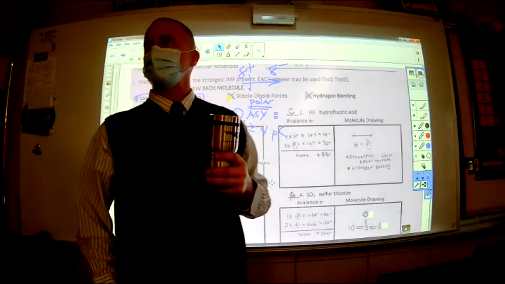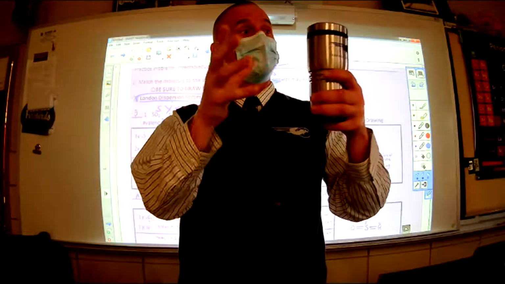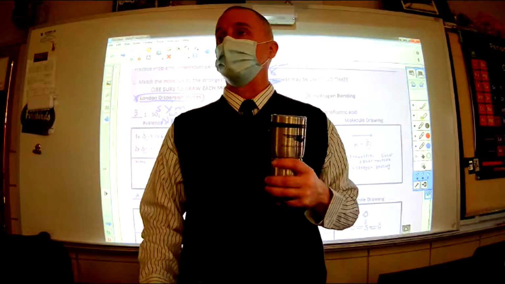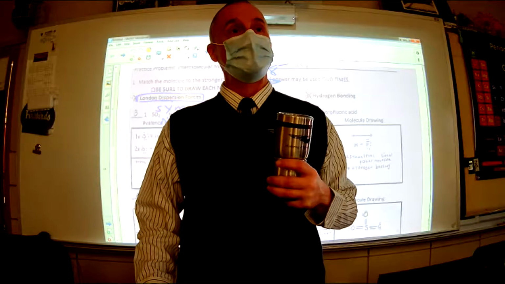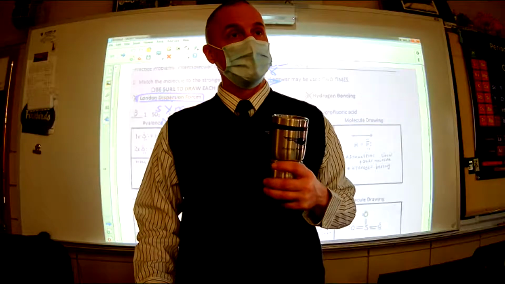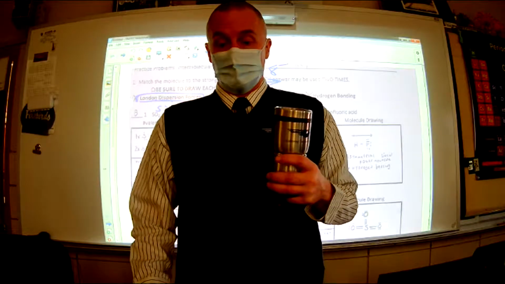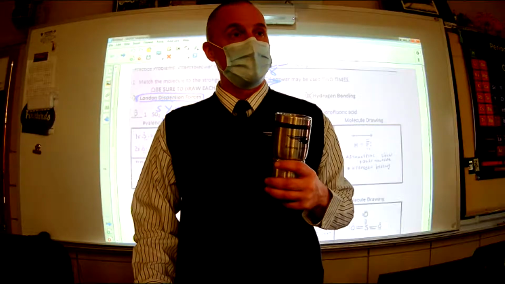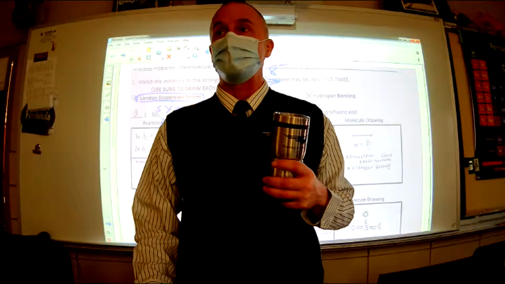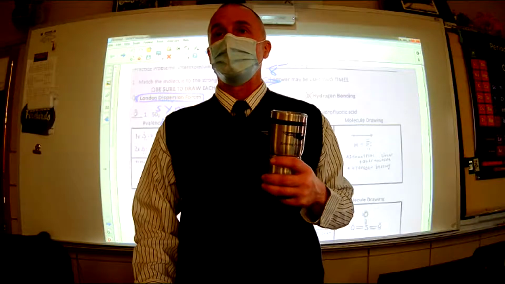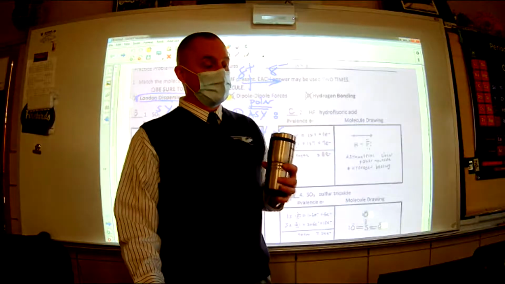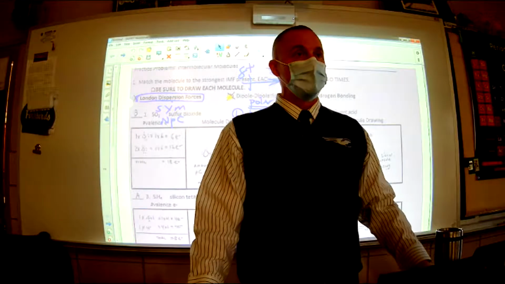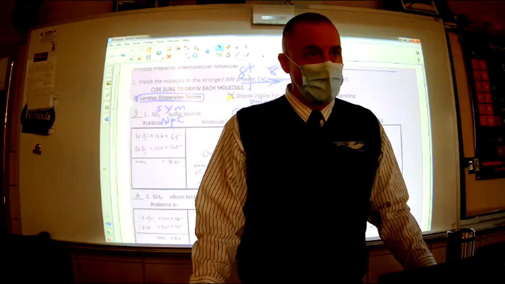How are they different? Yes, molecules can attract each other with London. London is generally considered to be a lesser attraction than a dipole because it's not a partial charge. It's a temporary, momentary attraction that results from what?